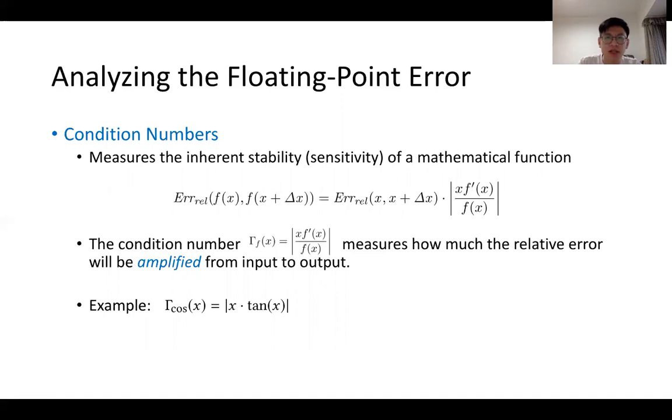For example, the condition number of cosine x is x times tangent x. And for different values of x, the condition number, also the error amplification factor, will be different. By focusing on the condition numbers of these atomic operations, we can know which operation may amplify the error and become risky during an execution.